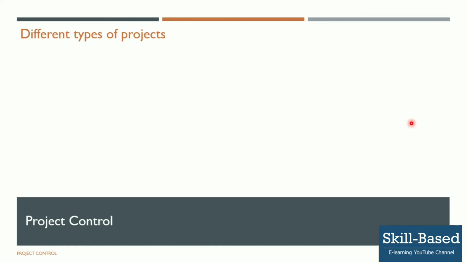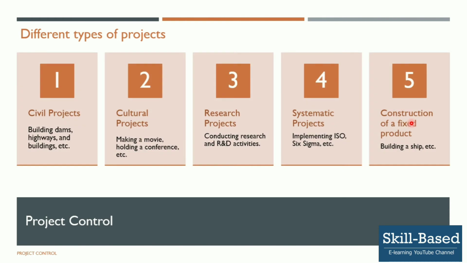There are many different types of projects all around the world. However, here I have mentioned some of them. The first project type that would be really interesting is civil projects. For example, building a dam, or highways, or buildings, etc. The second one would be cultural projects. For example, making a movie, holding a conference. These things are called cultural projects.